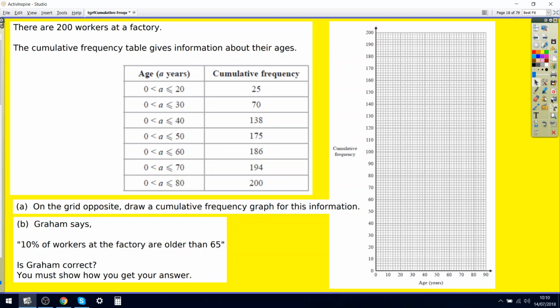And then for the next one would you go up, 30 across and then cumulative up to 70? Yeah. And yeah, so 40 across and 138 up. That's it.